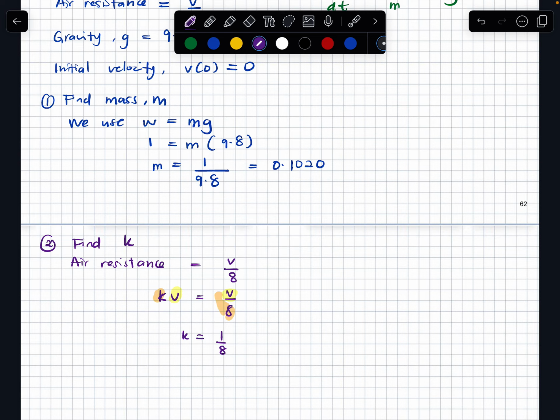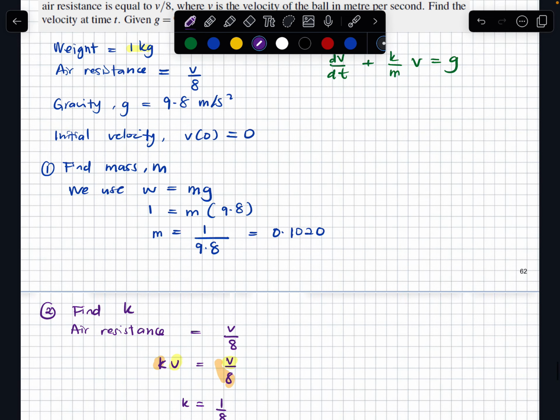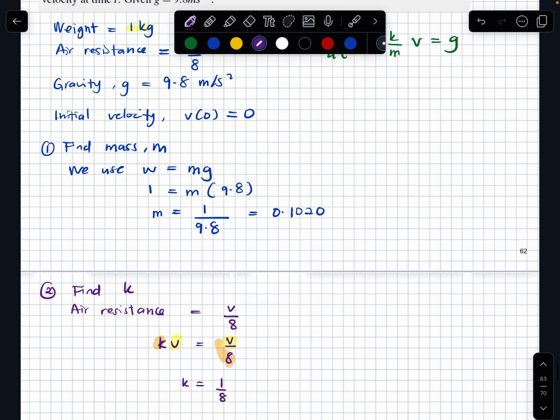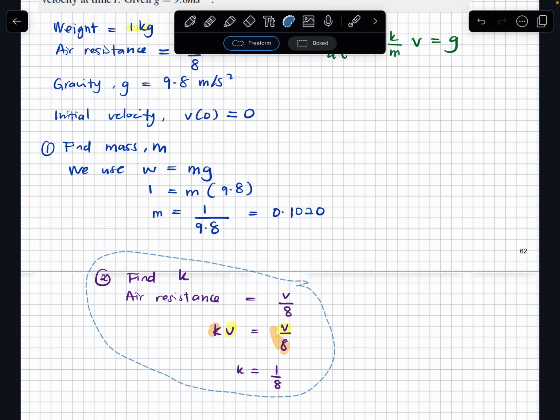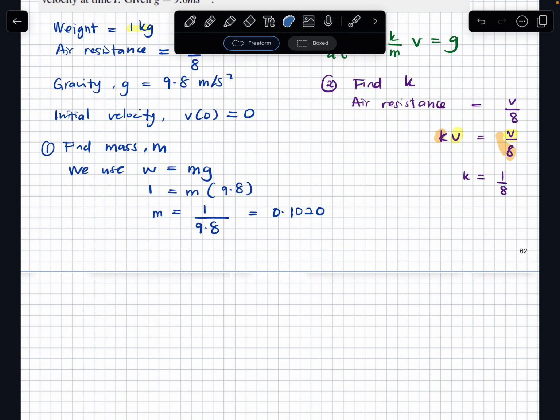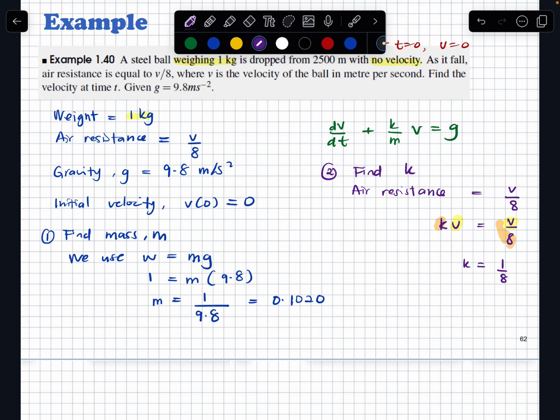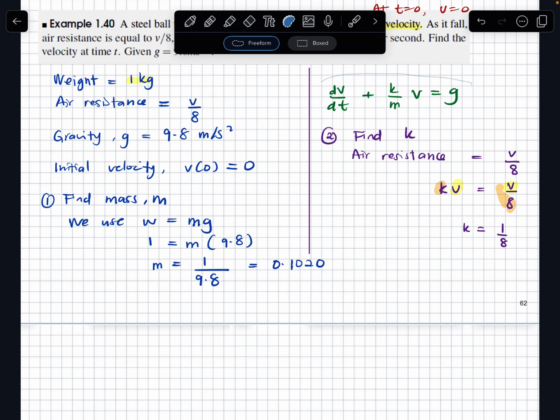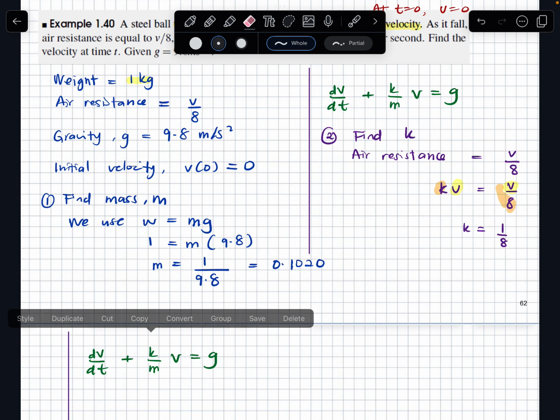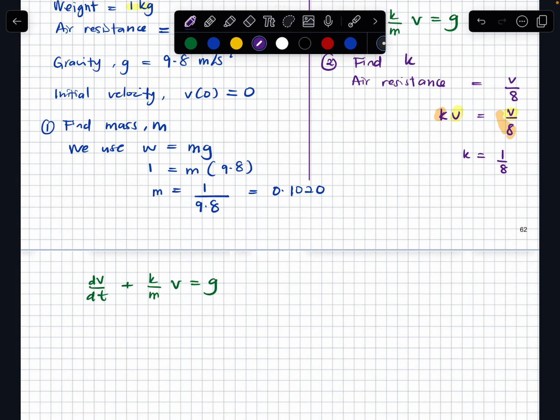So next we substitute into the formula, okay? So after we substitute into this, you can replace k by 1 over 8 and m by 0.1020, and g is 9.8.